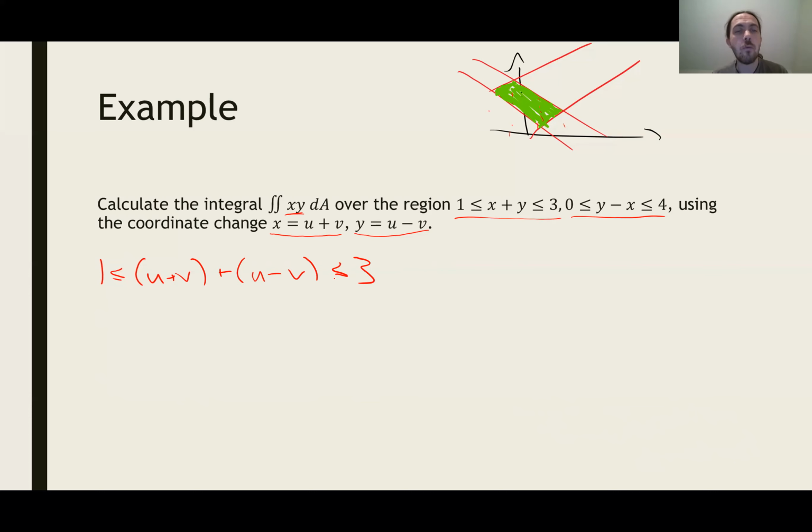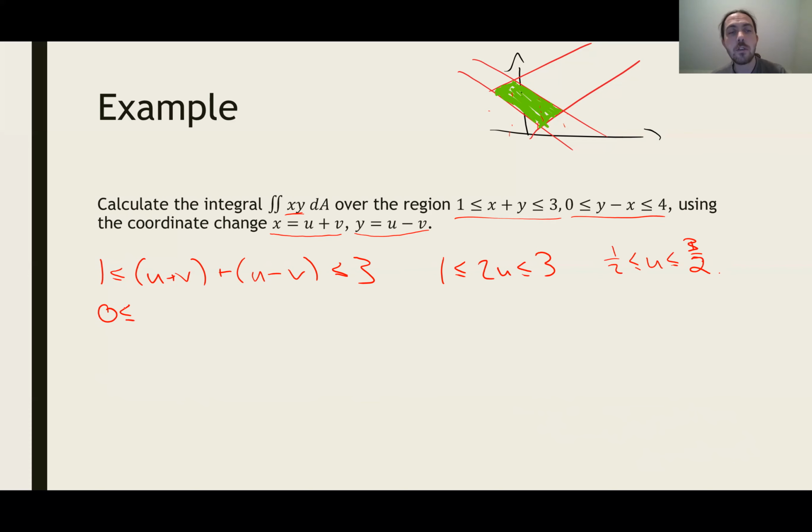That goes between 1 and 3. If we simplify it, it says that 1 is less than or equal to 2u is less than or equal to 3, or u is between 1/2 and 3/2.